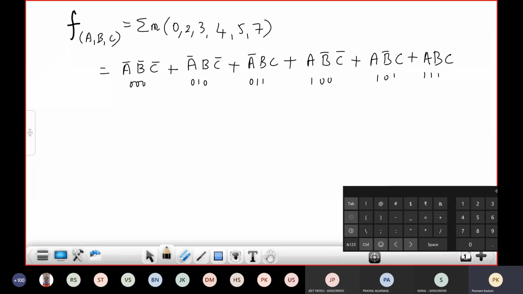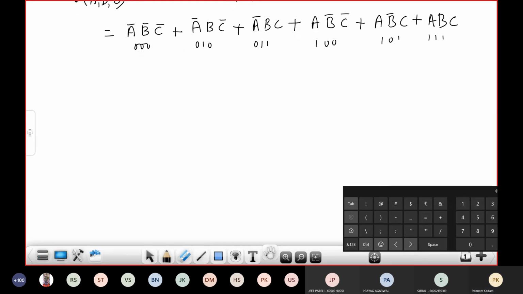Okay, let me also solve this here. Suppose we take the first 2 pairs, and then I'll take 100 and 101, these 2 pairs.